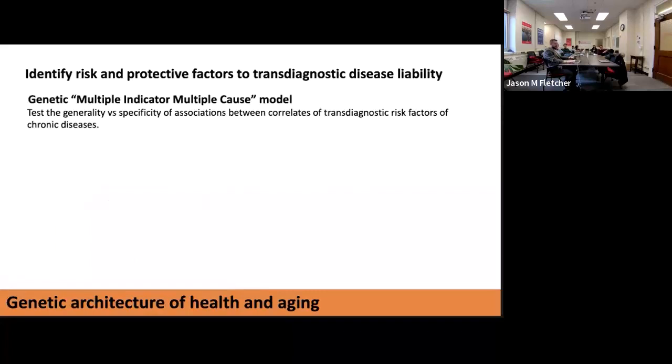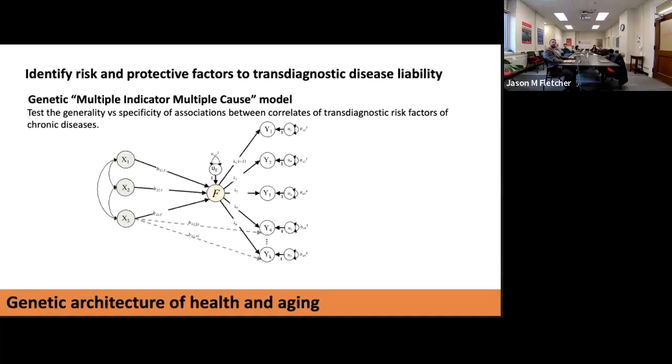The multiple indicator, multiple cause approach in genomic SEM, as I mentioned, allows testing the generality versus specificity of associations between correlates or transdiagnostic risk factors of chronic diseases. So this is the path diagram for this genetic MIMIC model for three external correlates.